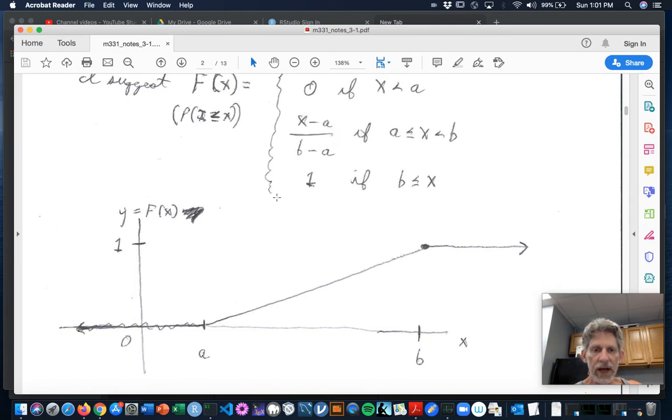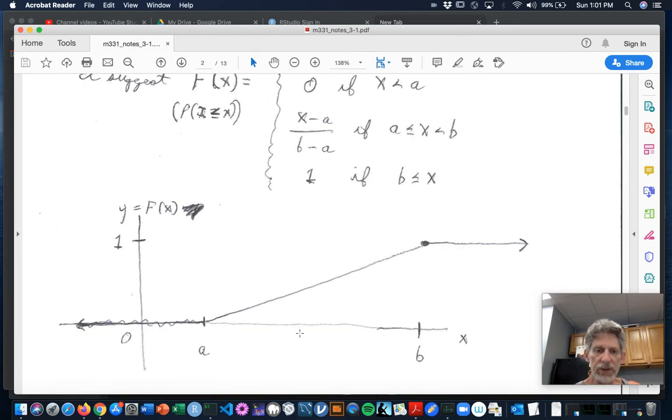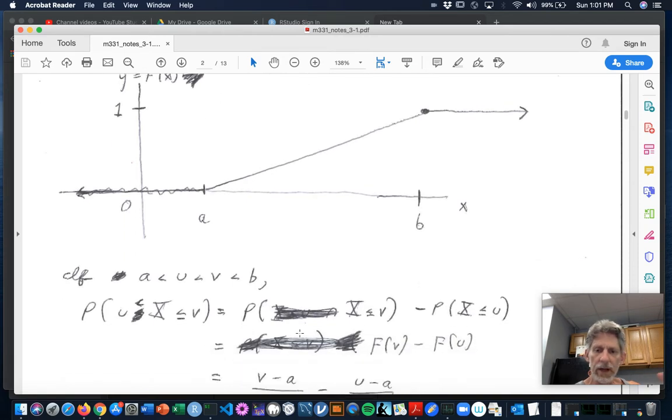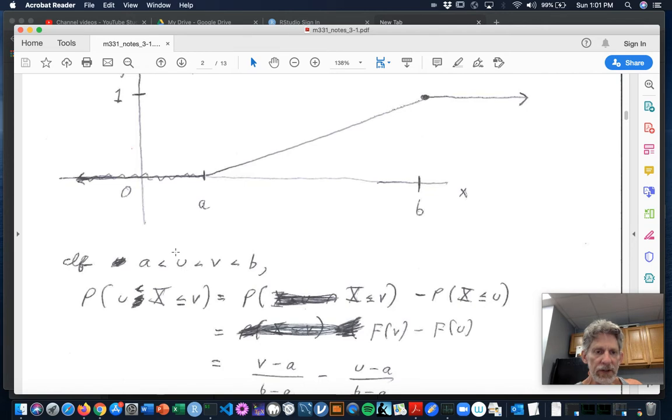And then we're dividing by b minus a, the length of the total interval. That's what our intuition says would be the probability of landing in the interval from a to x. So it's matching that intuition. It's also matching our intuition for intervals that lie totally inside of the interval from a to b. For example, imagine that u is less than v, and that u and v are both in between a and b.